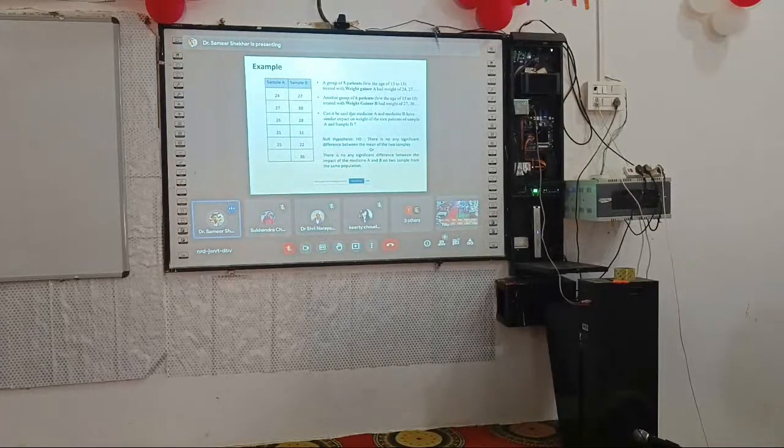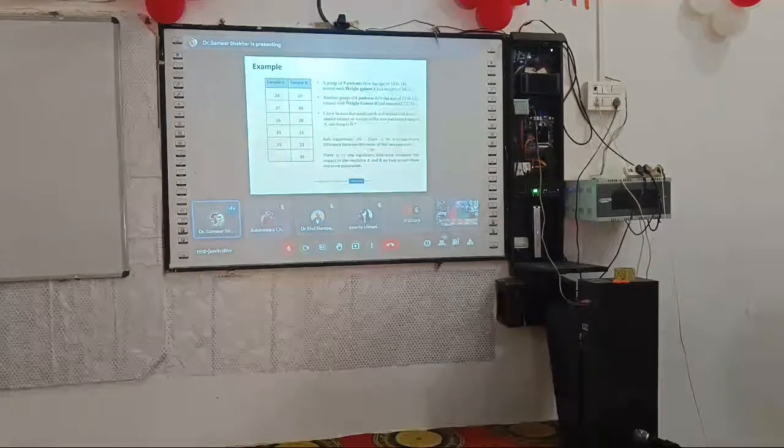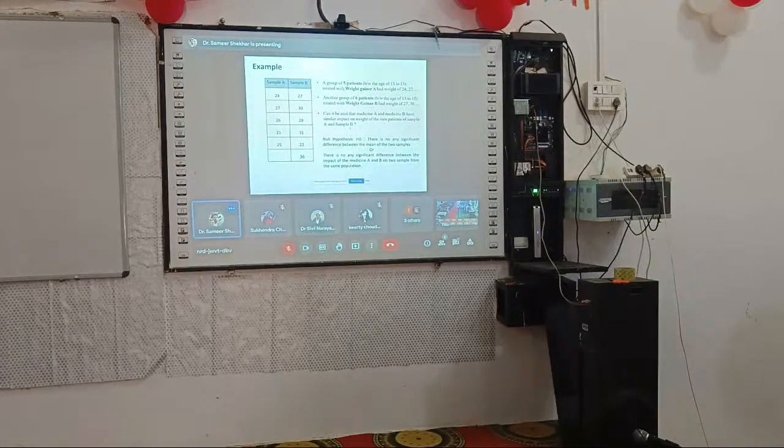It can be said that medicine A and medicine B have a similar impact on the weight of the patients of sample A and sample B taken from the same population. One sample was picked from one population, the other sample from the same population, and the sample sizes may differ, right? We are not sticking to having similar sample sizes.